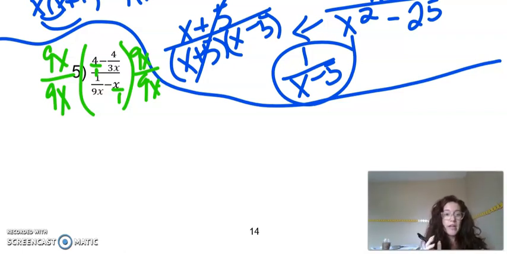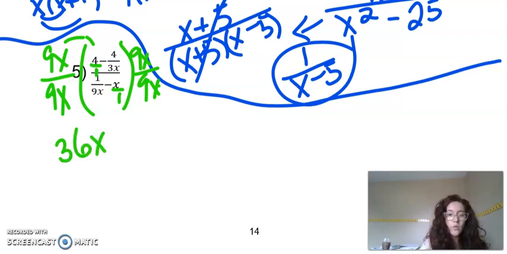So here we go. 9x times 4. Nothing crosses out, so you get 36x. Over here, this 3x goes in the 9x, and you're left with 3. So 4 times 3 is 12.